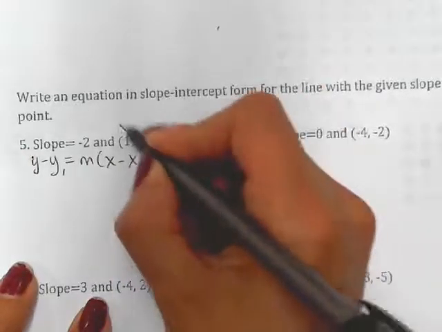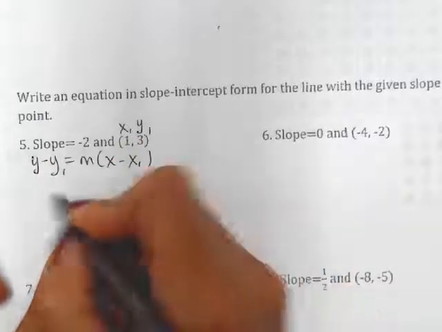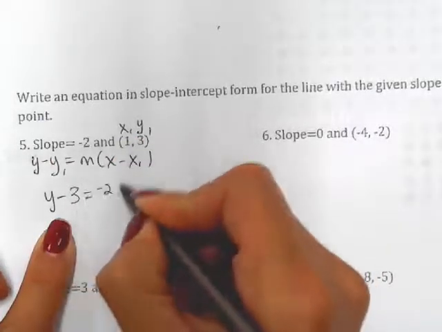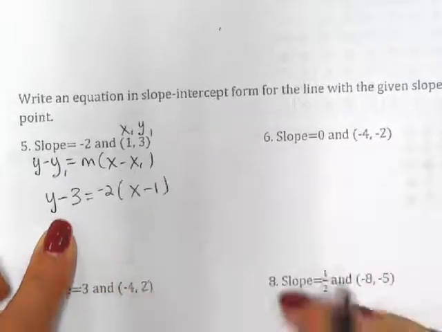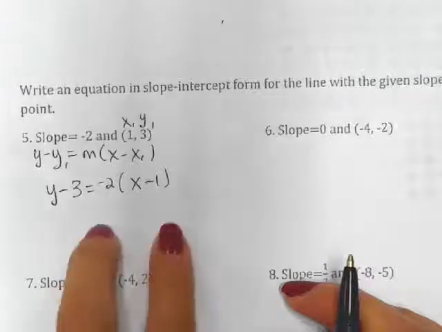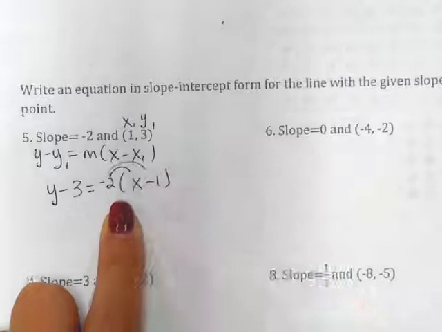We're going to plug in x1, y1, and this is our slope. So y minus 3 equals negative 2(x minus 1). I don't have to worry about the negatives because both of our values were positive. And then you're going to distribute the slope.